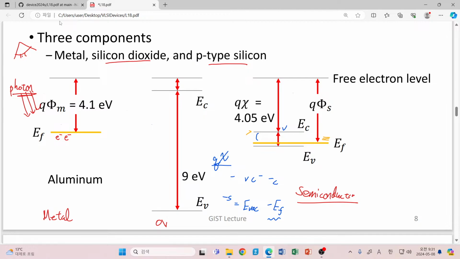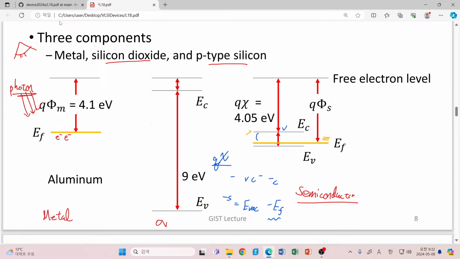Please note that here the materials are nearly discontinuous. Up to this point we have silicon, and beyond that point it suddenly becomes silicon dioxide, and beyond a certain position it becomes metal. So the composition changes abruptly. Then my question is, among many different quantities, which one should be continuous and which one can be discontinuous?